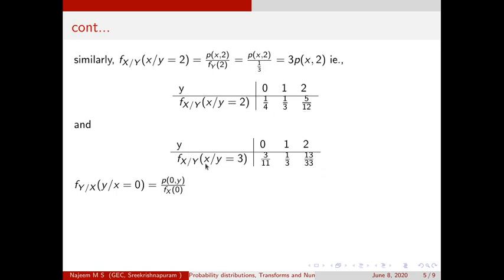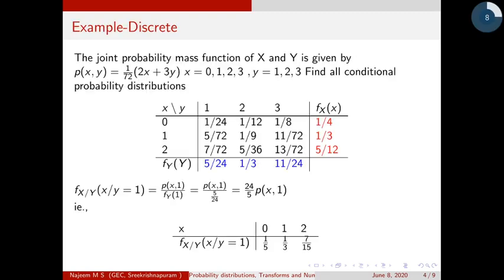Similarly, in the case of y = 3, you need to take the third column. For the conditional distribution of y given x, we need to take rows. Probability of (0, y) divided by fx of 0 is the first row. We take the first row and divide each value by 1/4: 1/12 by 1/4, 1/12 by 1/4, 1/8 by 1/4.